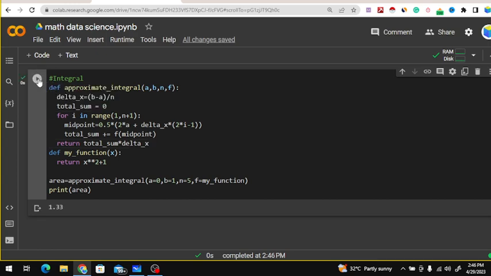Now I have gotten an output here. It's 1.33. So we get the area 1.3.